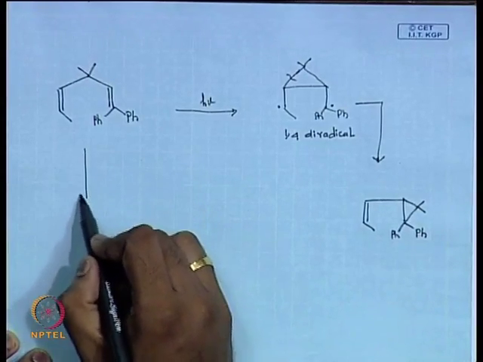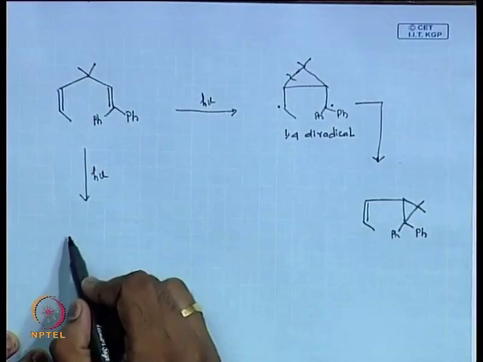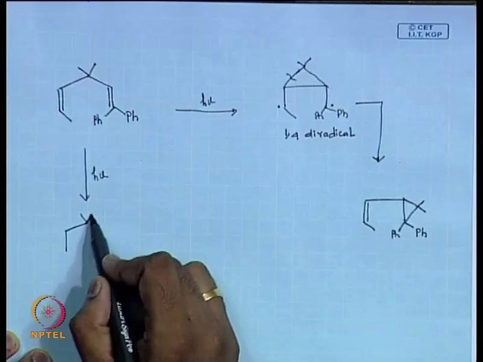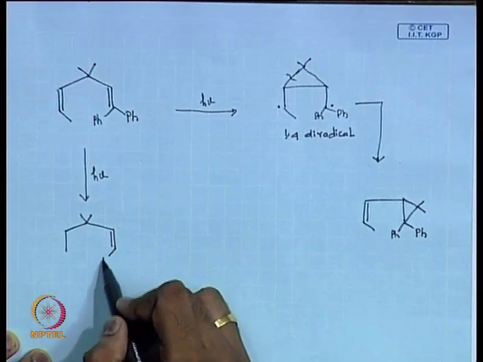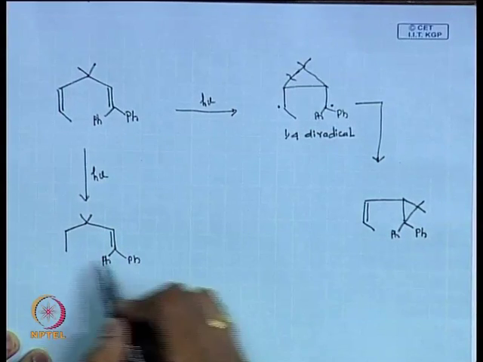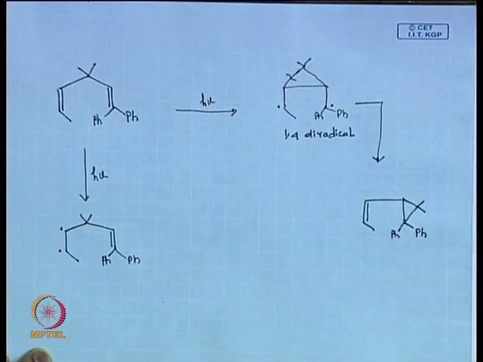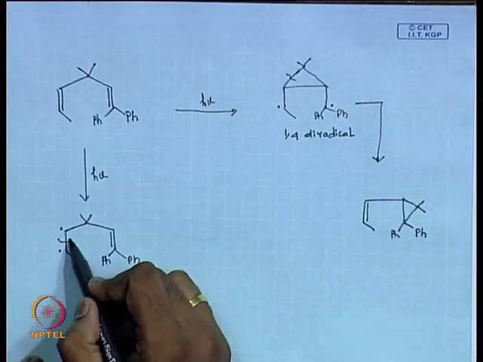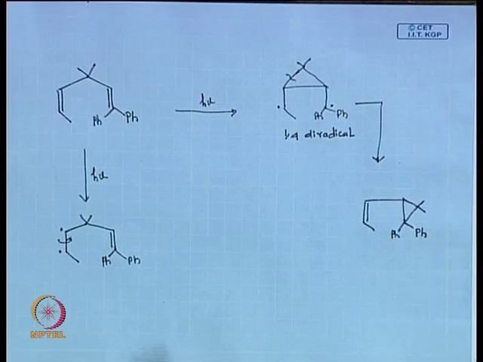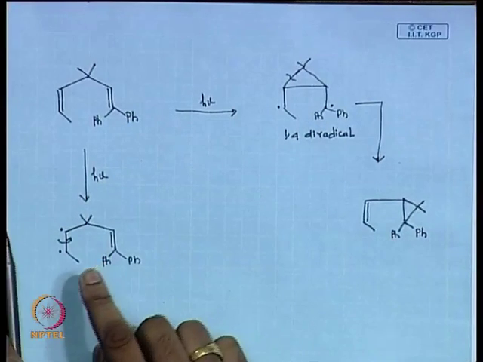See what happens if I photolyze this, I get a radical like this, right. This is called free rotor chemistry. This particular bond can rotate like this, very free rotor. It deactivates all of your di-pi-methane product.